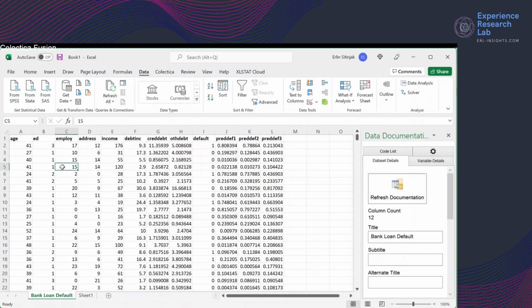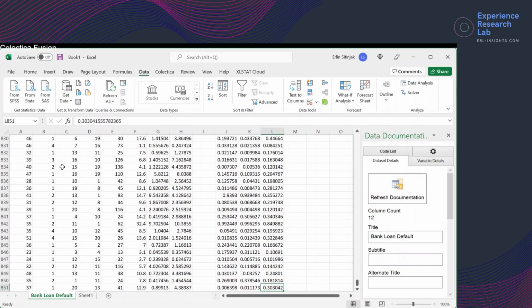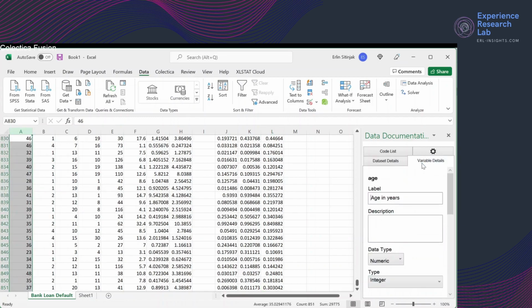So as shown on the right pane here, the dataset has 12 columns. And if I press Ctrl N, I can see there are 851 rows. Since regression analysis in Microsoft Excel cannot work with rows with empty cells, I need to first check the columns one by one. So the first column is for the age in years.